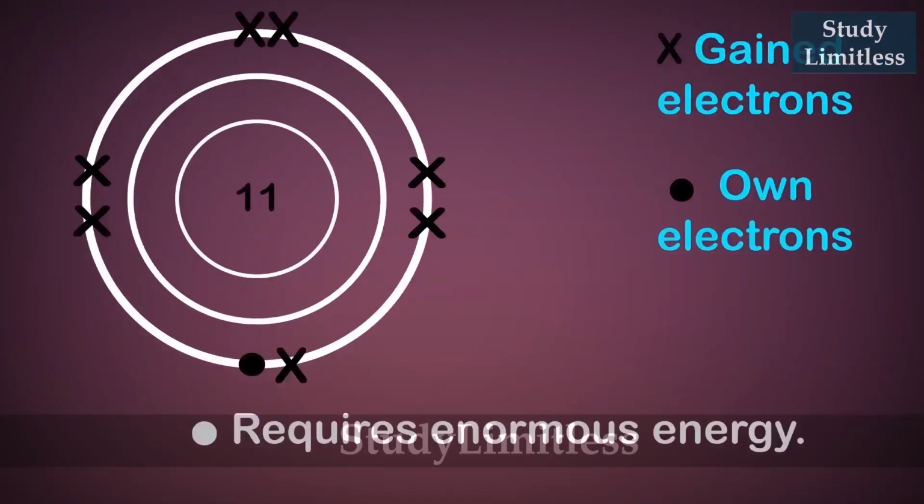The reason being that there are 11 protons in the nucleus of sodium, and we have 11 protons because the number of protons will always equal the number of electrons so as to balance the charge. And 11 protons to hold on to 7 extra electrons, it is a hell of a job, and it requires an enormous amount of energy, and hence it is not possible.